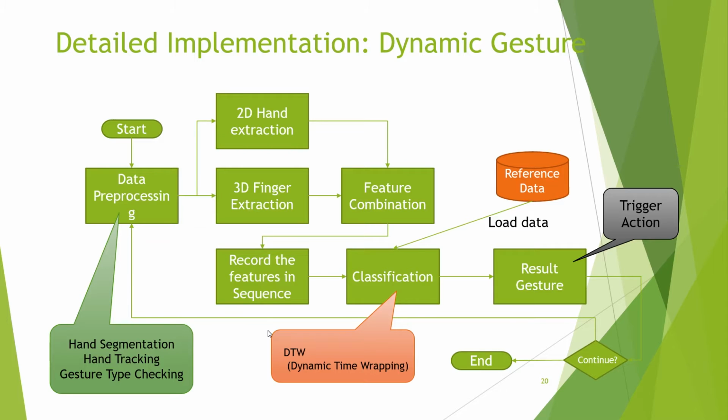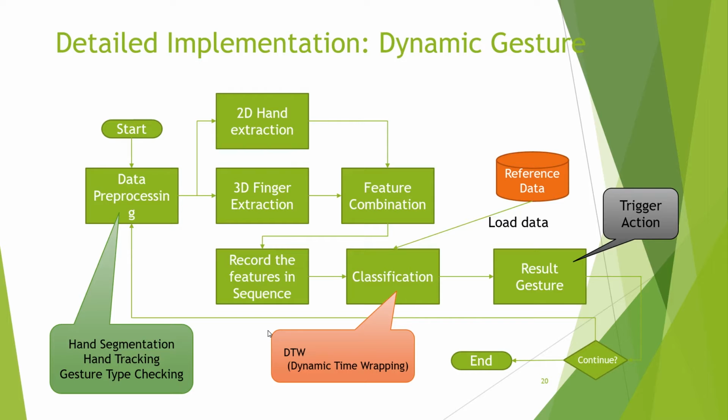And moving on, we are going to explain the dynamic gestures. This is almost the same as the static gesture, but the difference is that we record the features in sequence. Actually, we wait for the gesture to finish being performed.